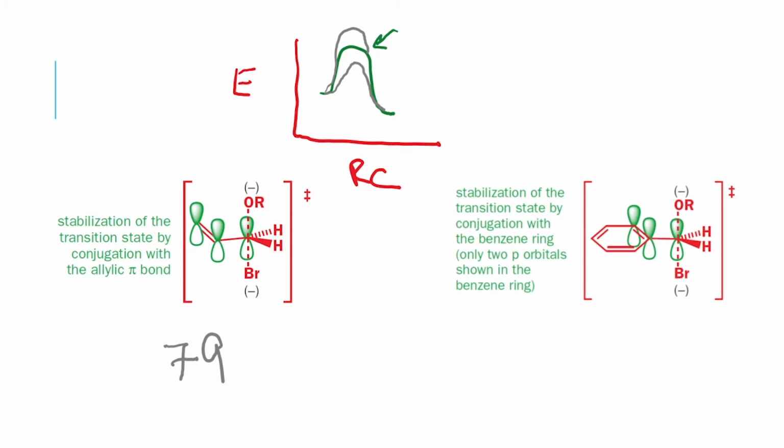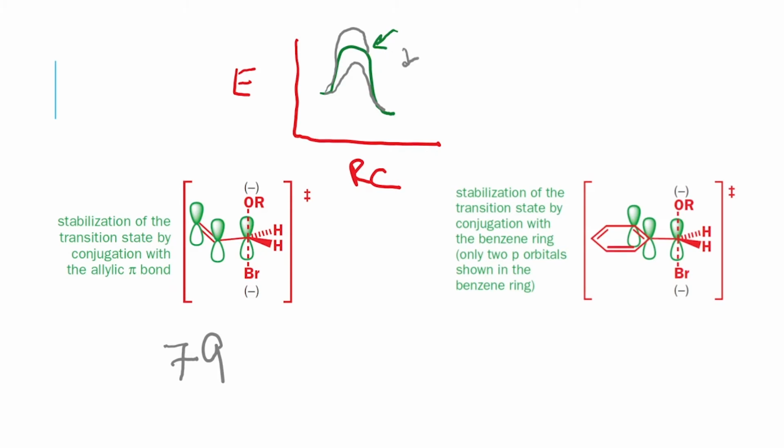So the way we understand it is that there's a pi bond next to this carbon. I mean, in this case it's Br that's shown here, but it's actually the carbon-chlorine bond. So there's this p orbital which can interact with the bond that is being formed over here and the bond that is being broken over here, and that results in some stabilization in the transition state energy, and therefore the rate goes up.